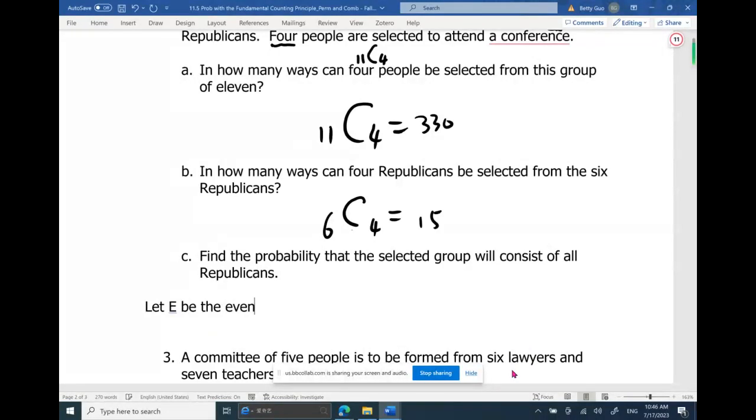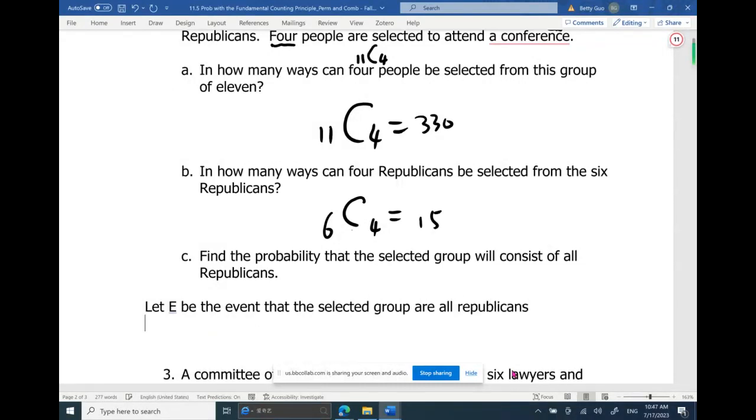Let E be the event that the selected group are all Republicans. Also, when you write down what E represents, it actually helps you to understand the problem better. Then P of E.